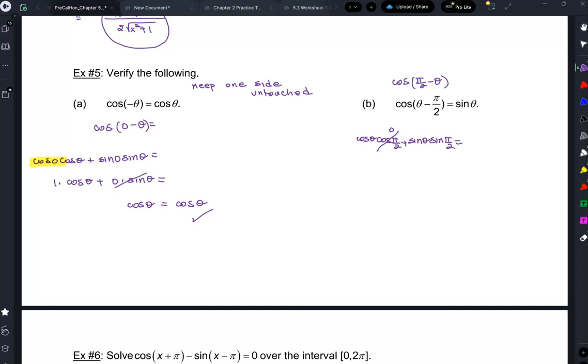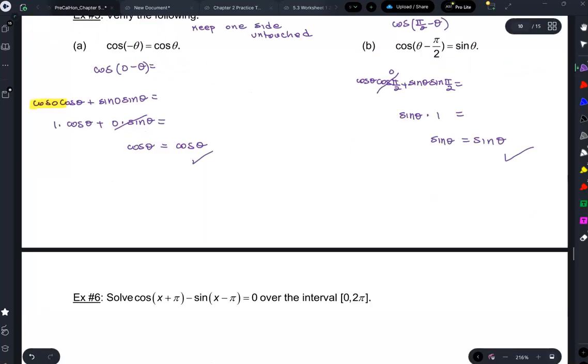So I just get plus sine of theta times sine of pi over 2. What's sine of pi over 2? 1. So sine of theta equals sine of theta, yes. They're all going to work because that's what verify means. You're never going to get one that doesn't work. It's not going to be a trick. We're doing them like the process. Questions?